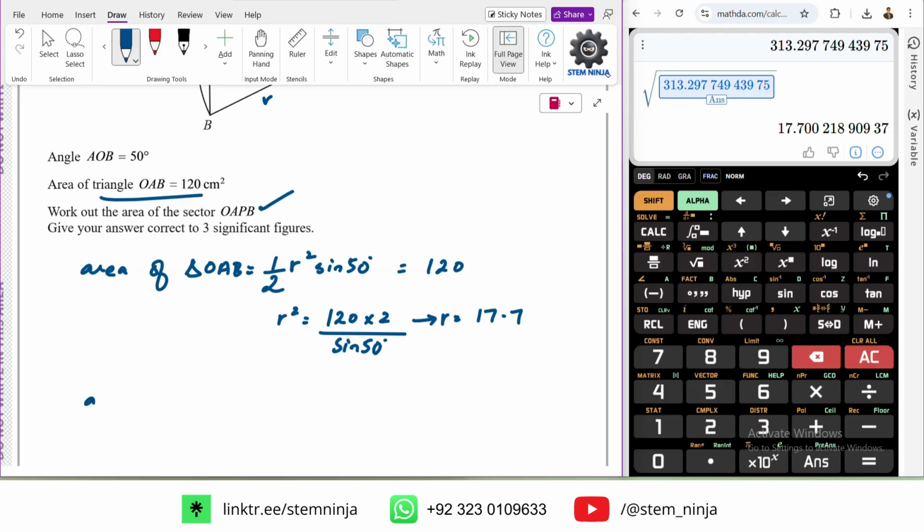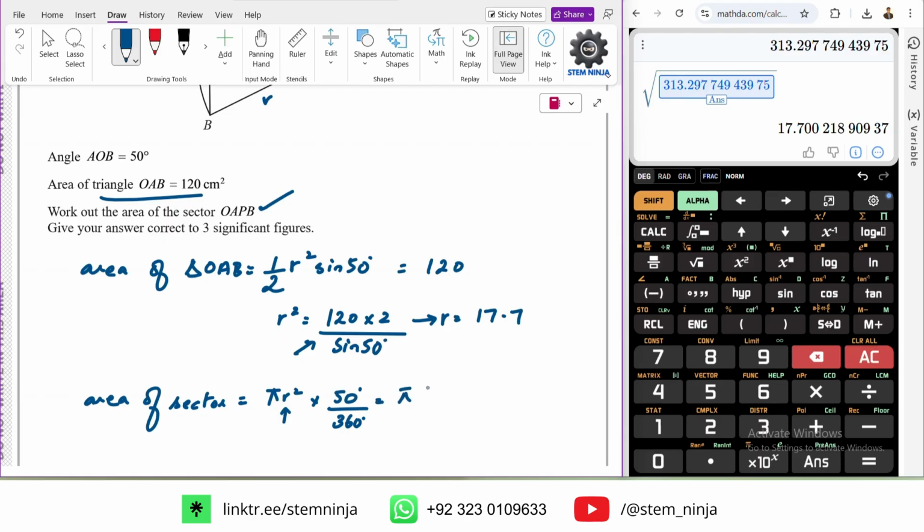Now, for the area of the sector, this is going to be pi r squared times 50 over 360 degrees. We have r squared now in exact form also.